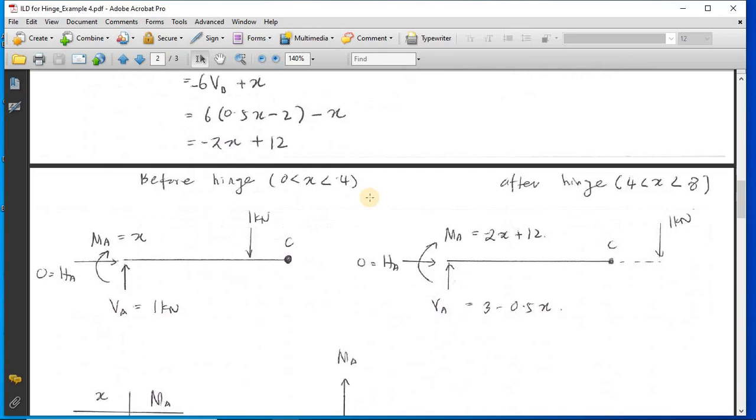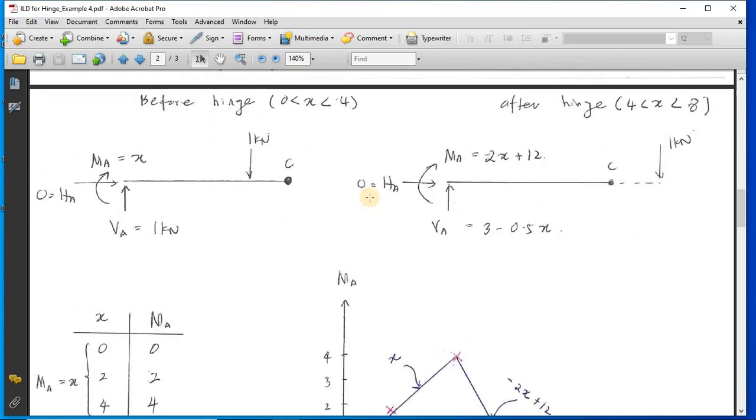The next step is you can develop the ILD diagram for reactions at support A, which specifically refers to the MA. You can see that in this diagram we have two diagrams here.